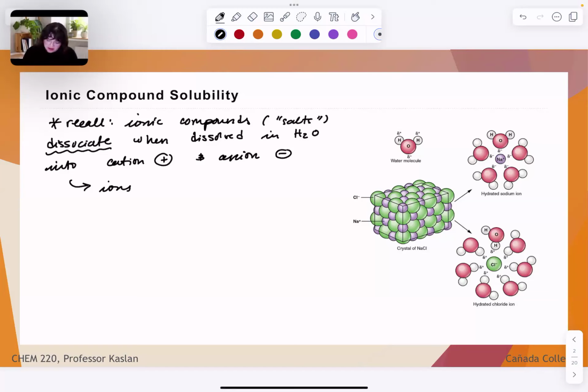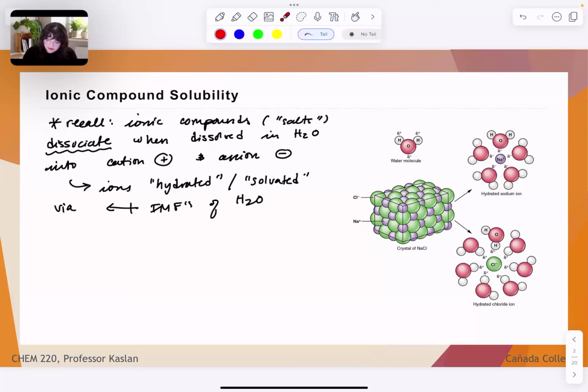So our ions are hydrated, or in other words, solvated via dipole intermolecular forces of water surrounding those ions with some kind of three-dimensional arrangement.